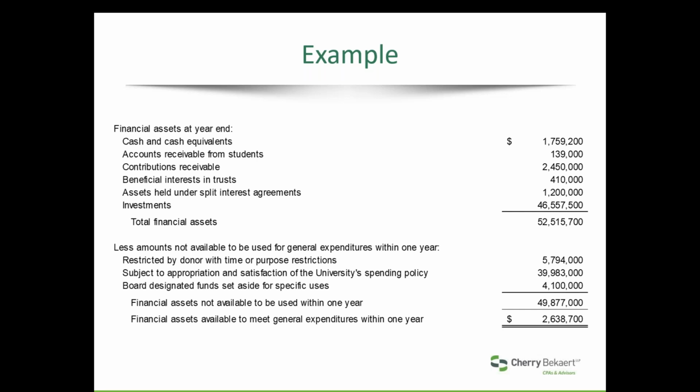And then it backs out those amounts that are not available for general expenditure within 1 year, which includes those restricted by donor with time or purpose restrictions, those subject to appropriation and satisfaction of the university's spending policy, and board-designated funds set aside for specific uses.